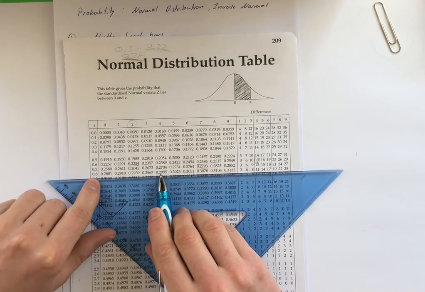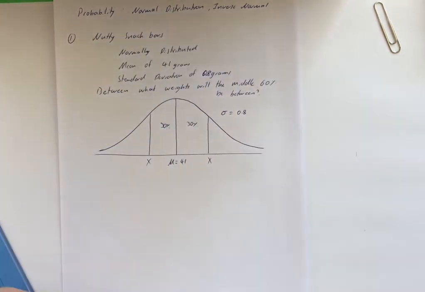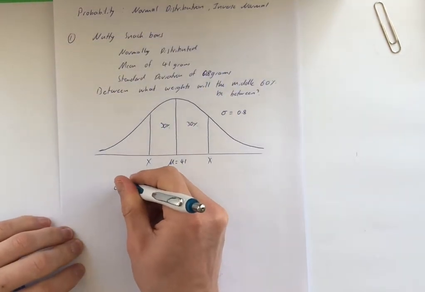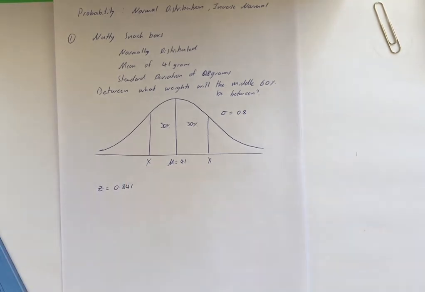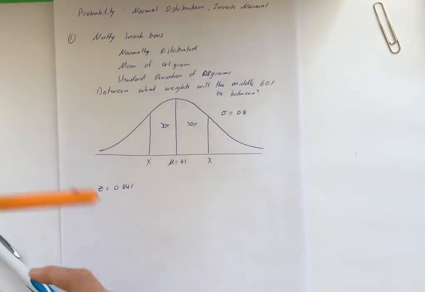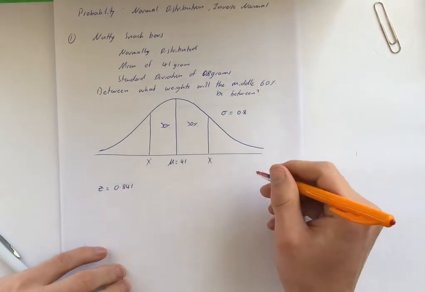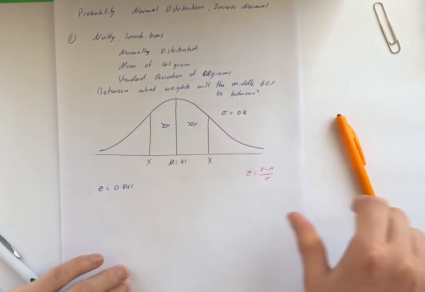So how many standard deviations away is 2998? It is 0.841. So Z is 0.841. So we know that we do have an equation that can relate Z with X. Z is equal to X minus mu over the standard deviation.